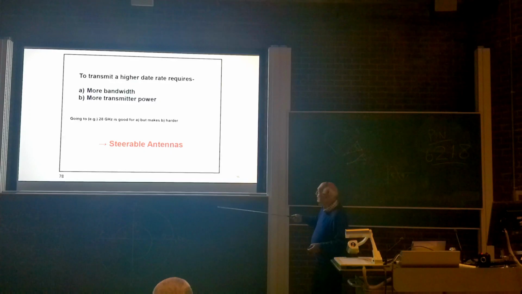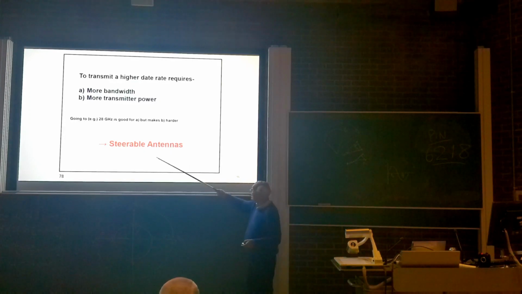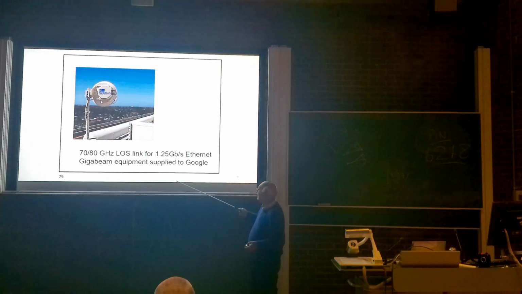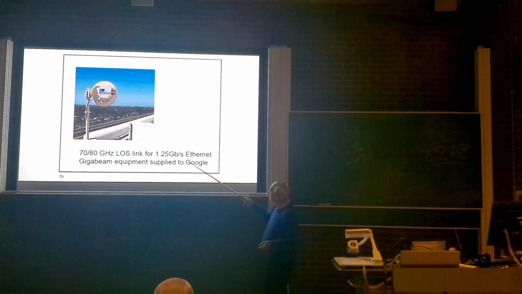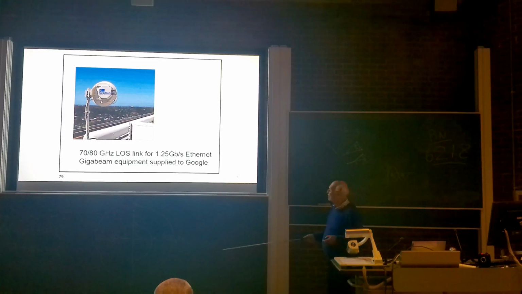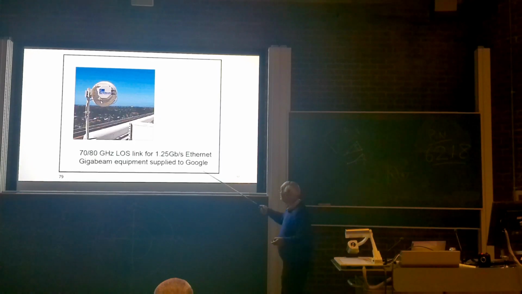For higher data rates, one of the things is steerable antennas, and here is a 70-80 gigahertz line of sight link for 1.25 gigabit Ethernet, so that's extending your internet, if you like, for rural areas.